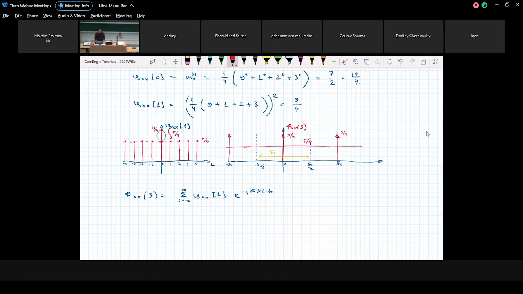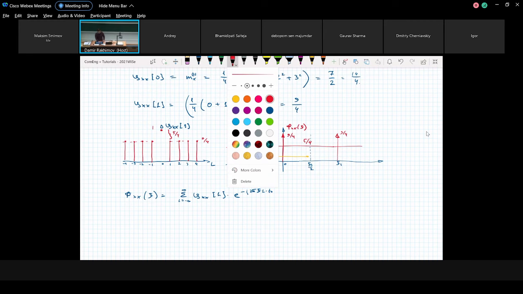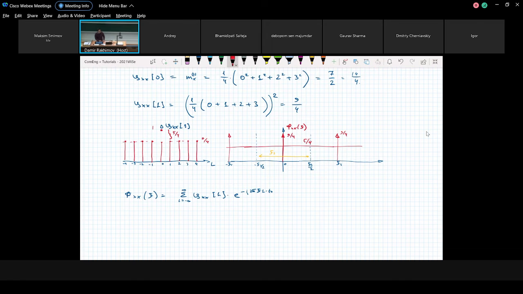Remember that at origin, you have a discrete pulse with amplitude 14 over 4. And if you just remove this delta pulse completely, for the Fourier transform of this sequence, you don't get one delta pulse, because for a delta pulse, you have to have a discrete pulse at origin.